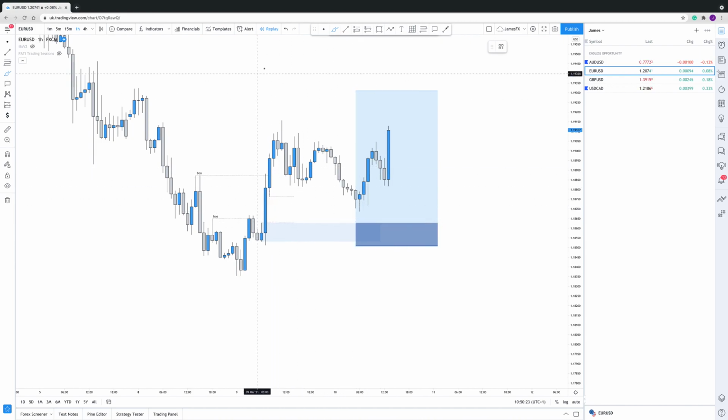Now you can see, if I get my measurement tool, we fell short of tapping our order by 6 pips. Now once we broke up and we started to break these structures, we can cancel this order, because it's unlikely price will return back, because we have filled most of this imbalance, so price can move from here.